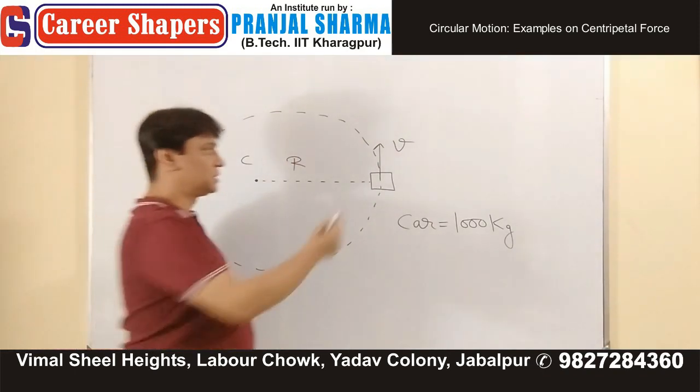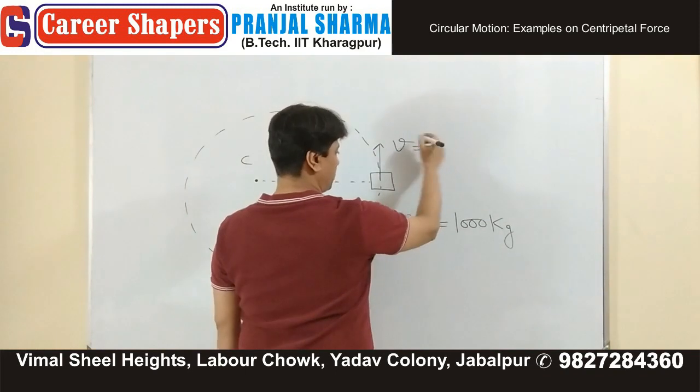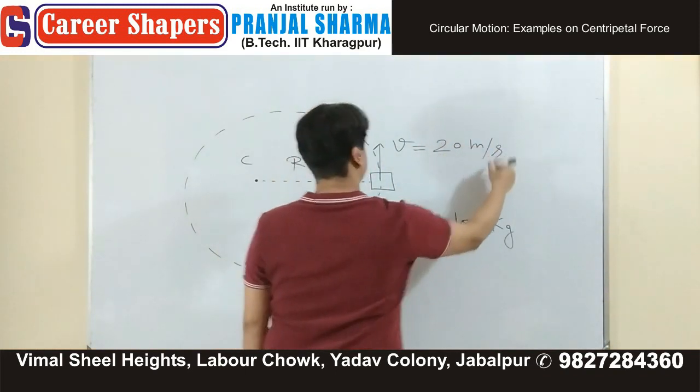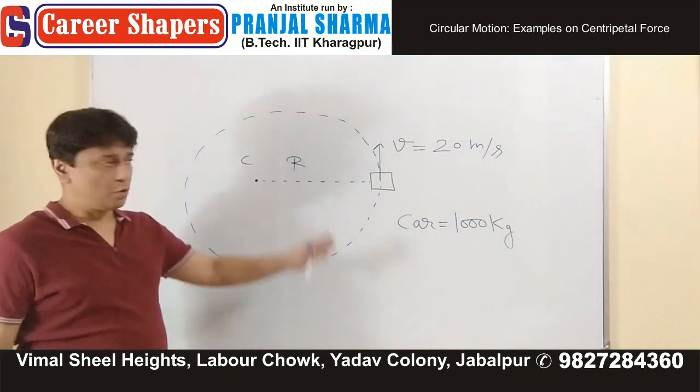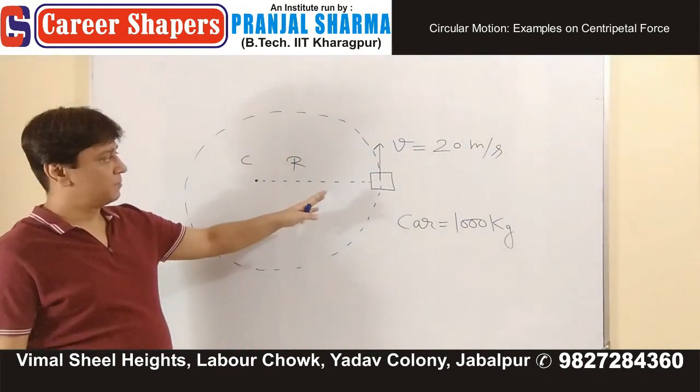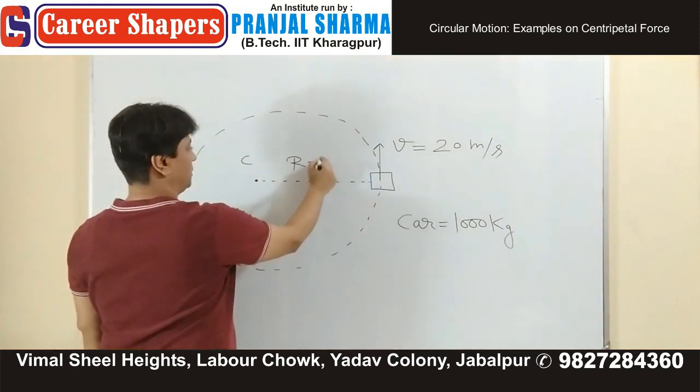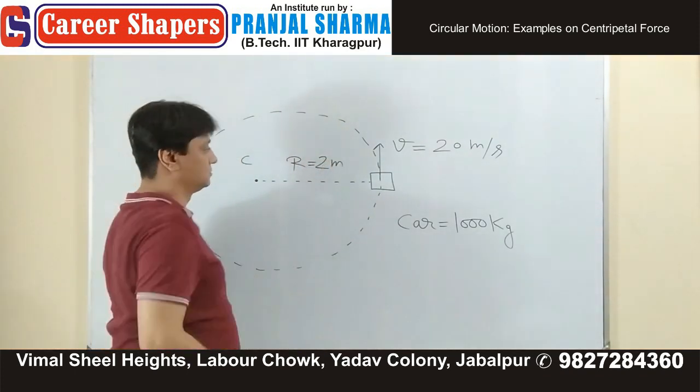And the circular turn is taken with a constant speed of 20 meters per second, and the road which curves has a radius of 2 meters.